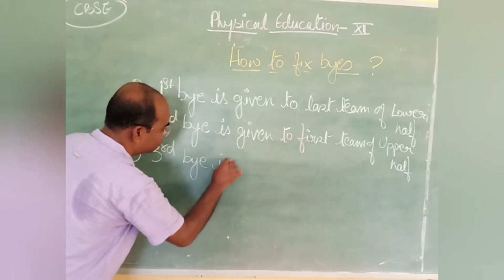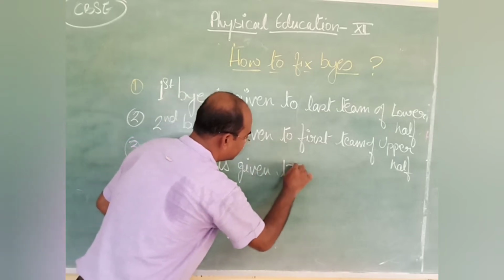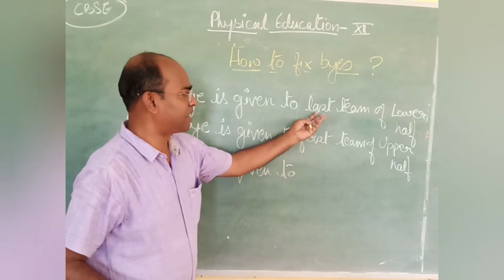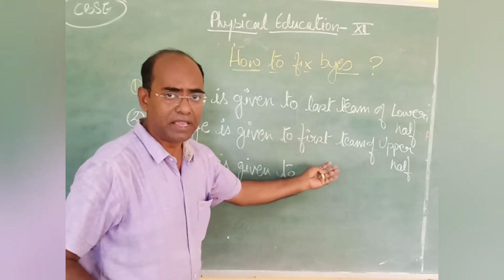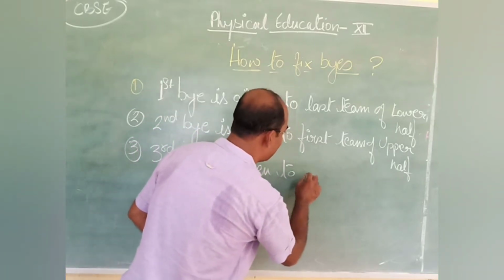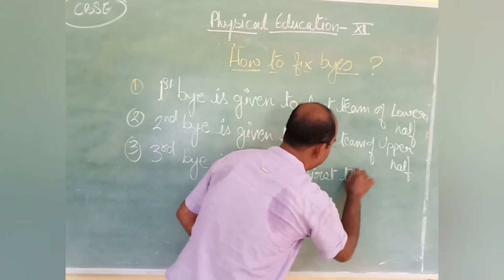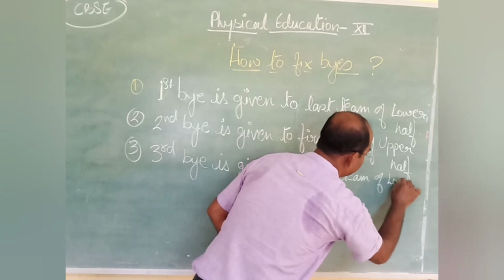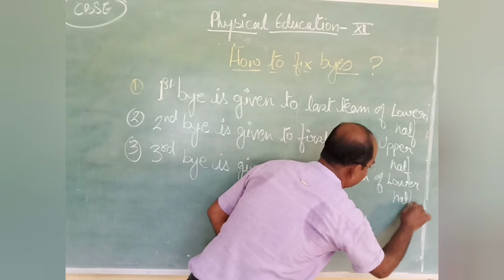Then number 3, third buy is given to, now see, first buy given to lower half, second buy we have given to upper half, so third buy will be again given to lower half. First team of lower half.